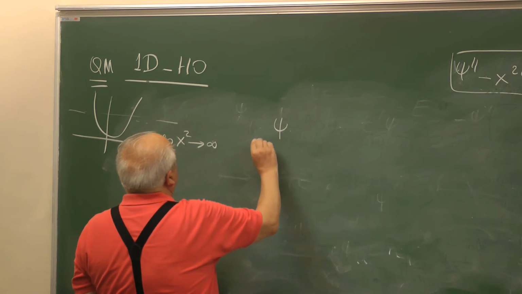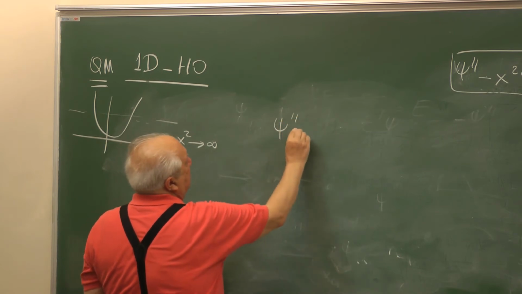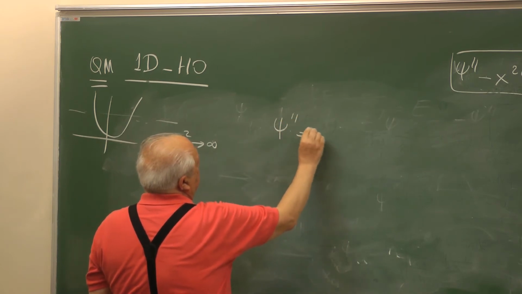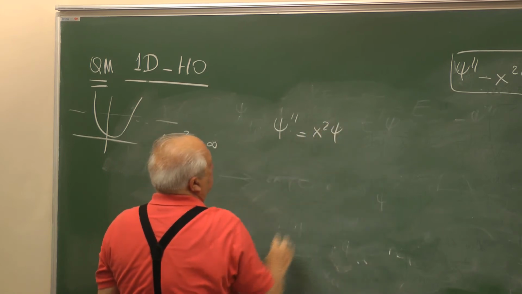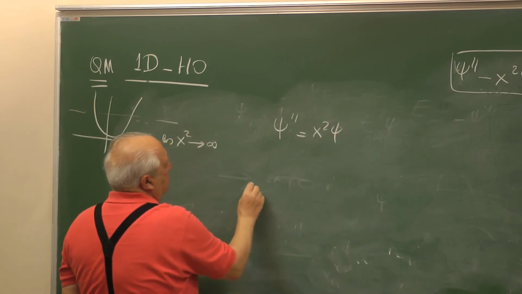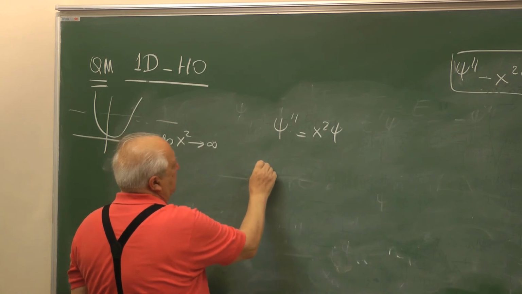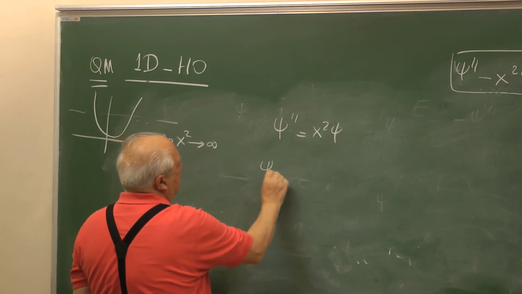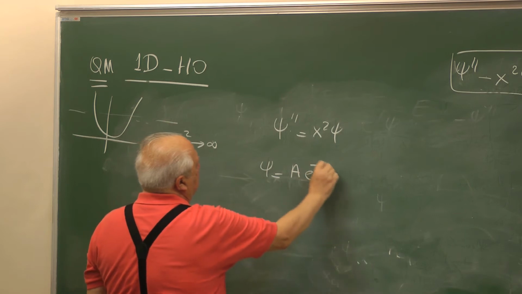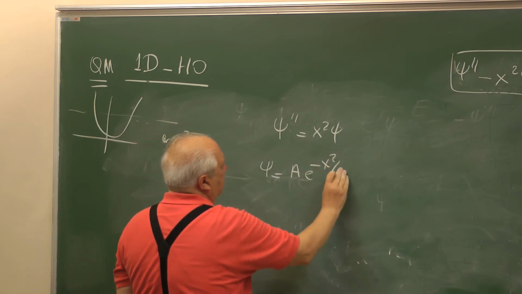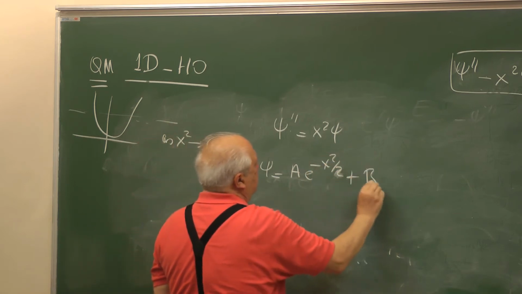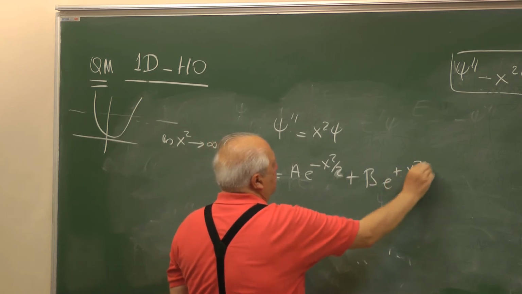So psi double prime is equal to x squared psi. So the solution is psi equals a e to the minus x squared over 2 plus b e to the plus x squared over 2.